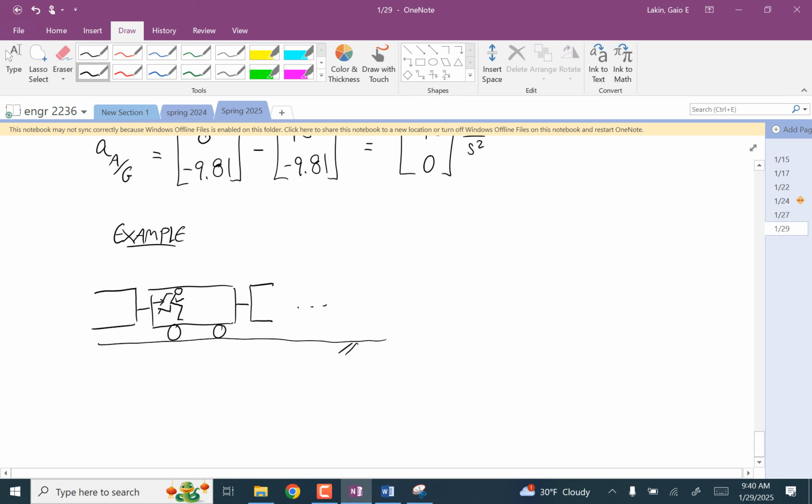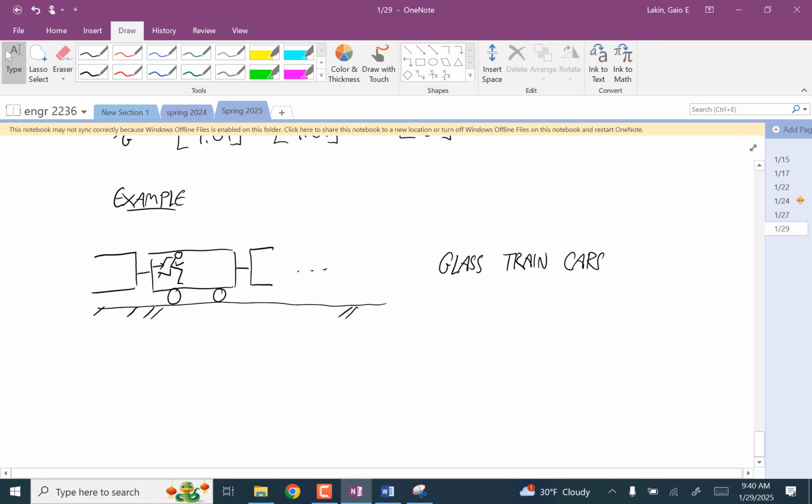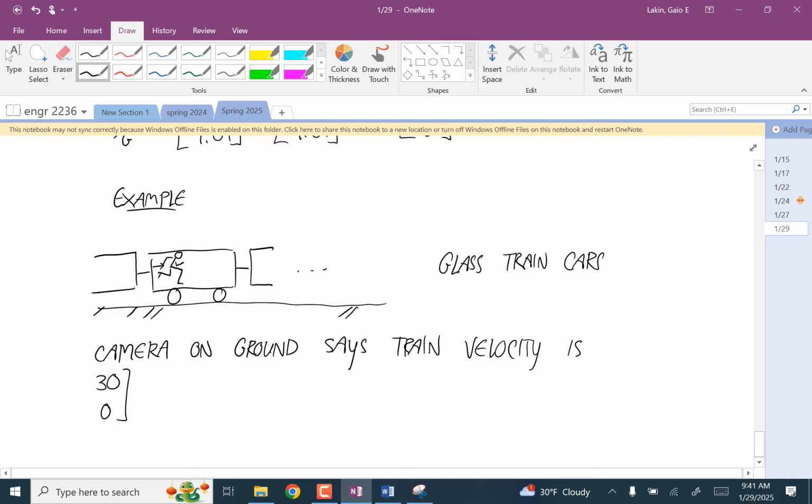And these are glass train cars, so you can see through them. A camera on the ground says the train's velocity is, let's say, 30 meters per second.